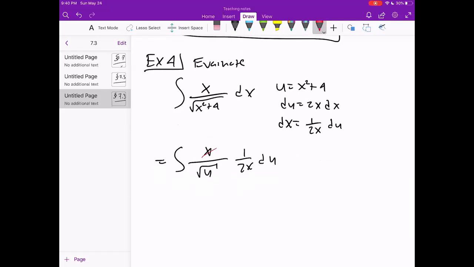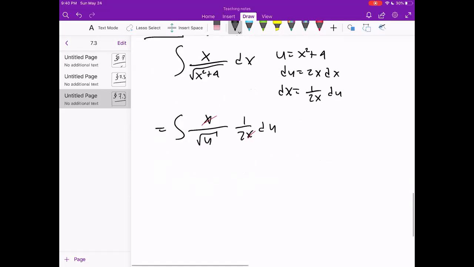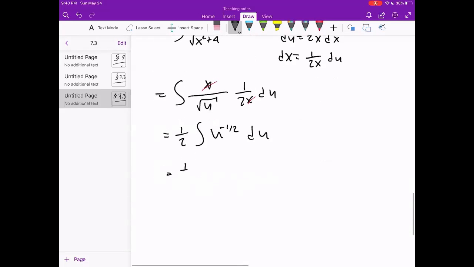The x is canceled just like I want. So this is 1/2 the integral of u to the minus 1/2 du, which is 1/2 u to the 1/2 divided by 1/2 plus a constant.